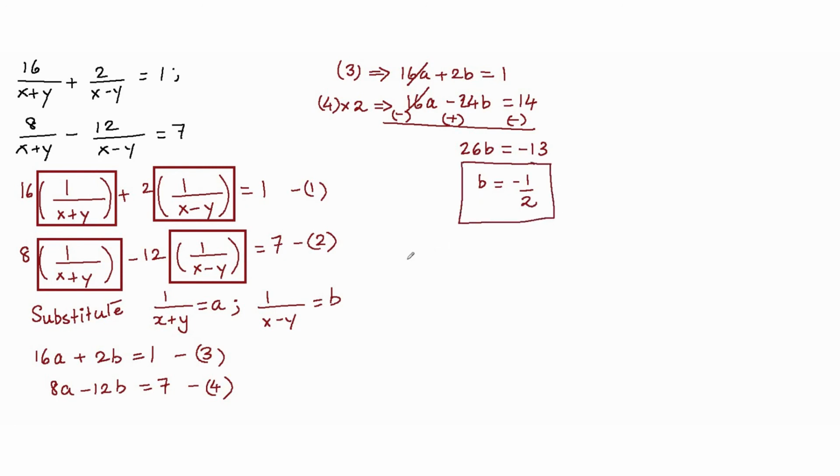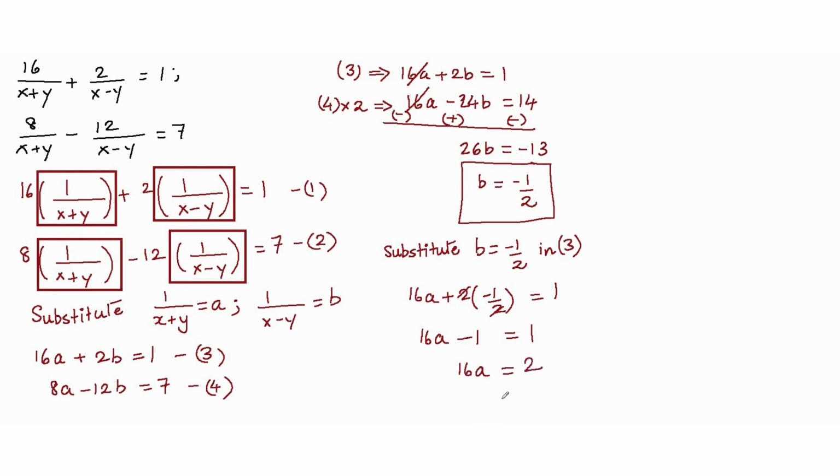Now I can substitute B as minus half in the third equation and get the value of A. What I get is 16A plus 2 into minus half is equal to 1. So 16A minus 1 is equal to 1, which means 16A equals 2 or A equals 2 upon 16, which is equal to 1 by 8.